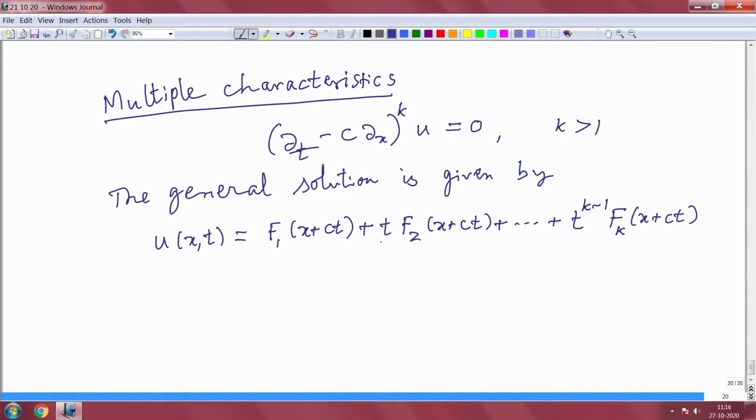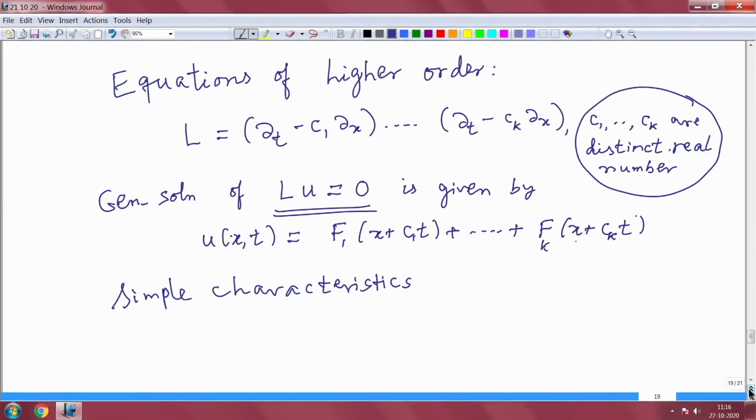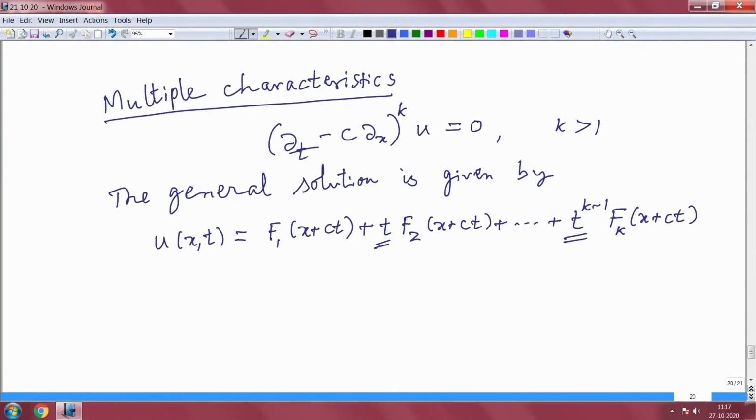And you see this factor t, which was not there in D'Alembert's formula and even in this simple characteristic problem. Even in simple characteristic problem there is no t factor at all, but when you go to multiple characteristics, you see this factor of t.